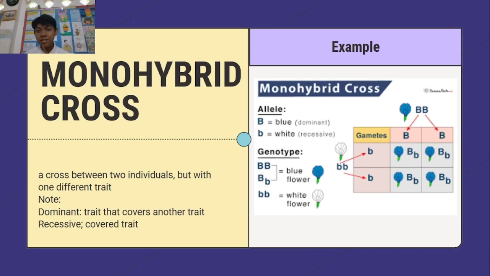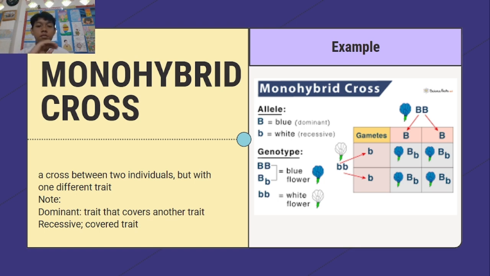The first example is the monohybrid cross, a cross between two individuals but with one different trait, with a dominant trait that covers the other and a recessive covered trait. And this is the example of a monohybrid cross.